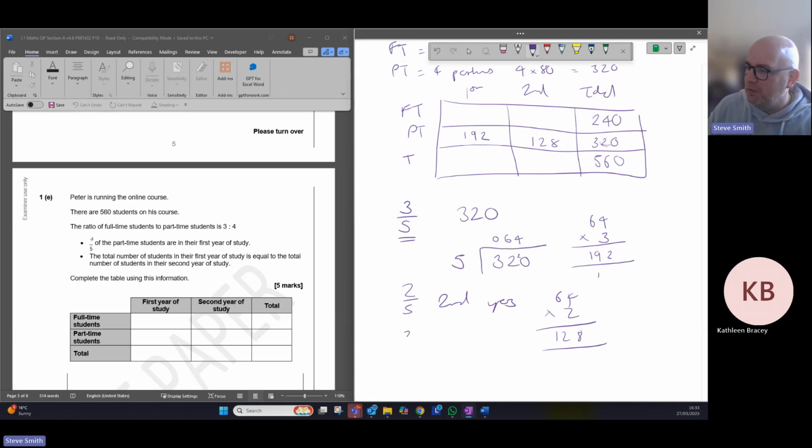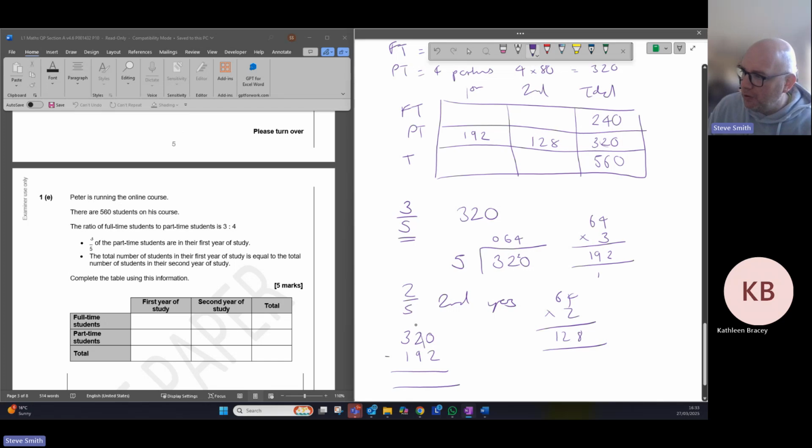If 320 is my total and I already had 192, 10 take away 2 is 8, 11 take away 9 is 2, 2 take away 1. So I can still do it the Sudoku way. But if you know it's fifths and you want 2, and you've got 3 already, you just times it by 2.